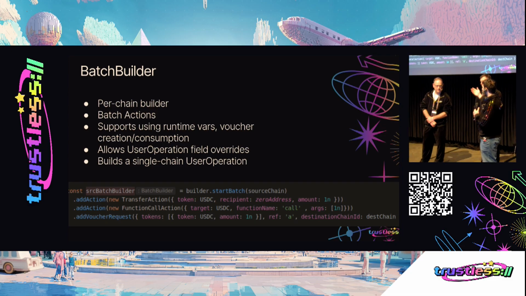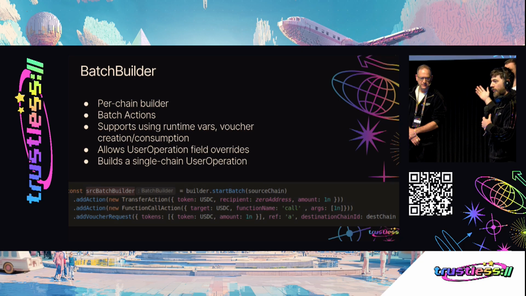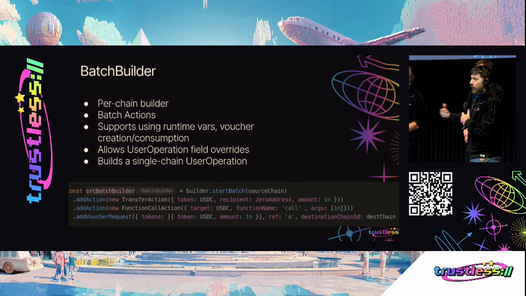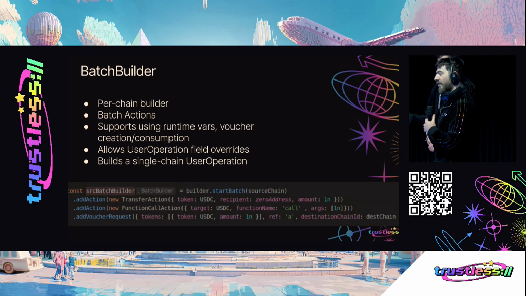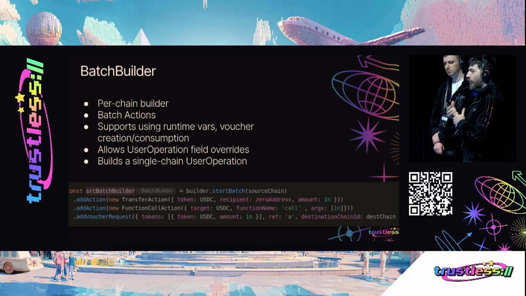For example, if you add an action in the source chain that just swaps on Uniswap, and you don't know the exact output of this swap, and you still want to use it to transfer cross-chain to the destination chain, what you would need to do is add a runtime var action that specifies that you want to take the balance in your account post swap, after the swap, and then use it inside a voucher request. We have a sample code for that in our repo that we will show you.